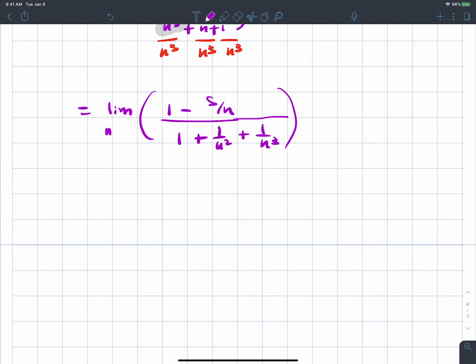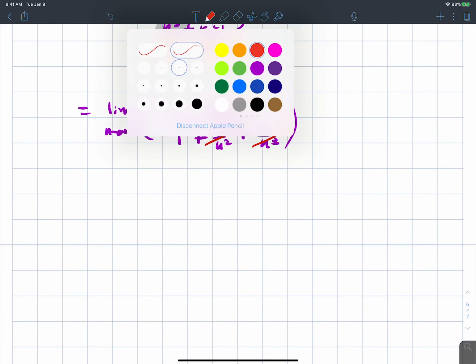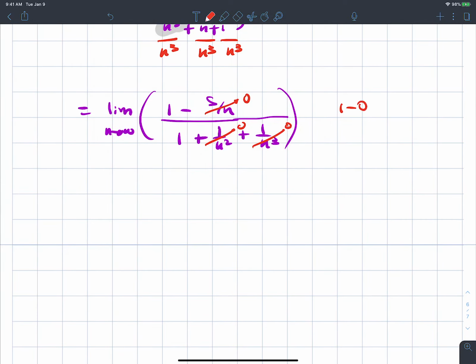We're going to look at this limit. This portion here goes to 0, goes to 0, goes to 0, and we end up with 1 minus 0 over 1 plus 0 plus 0, which will be 1 over 1. And again, that constant is 1. It's positive. It's finite.